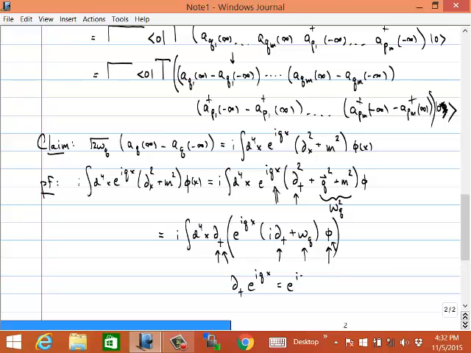You get e to the iqx times i omega. So you'll get an i omega term where the d by dt acts on this guy and multiplies that i d by dt term, so that'll give you a minus omega phi dot term. And finally, you'll get this omega term times this guy, which will give you this omega squared term that we're looking for up above.